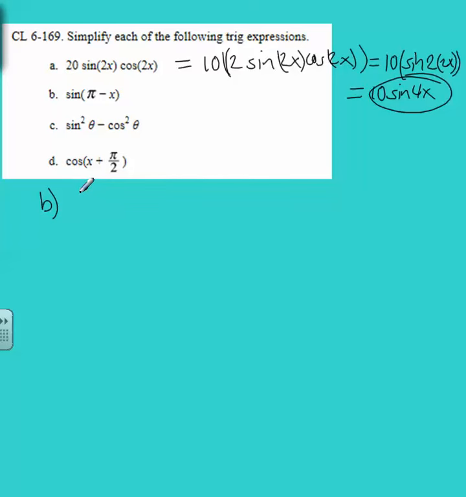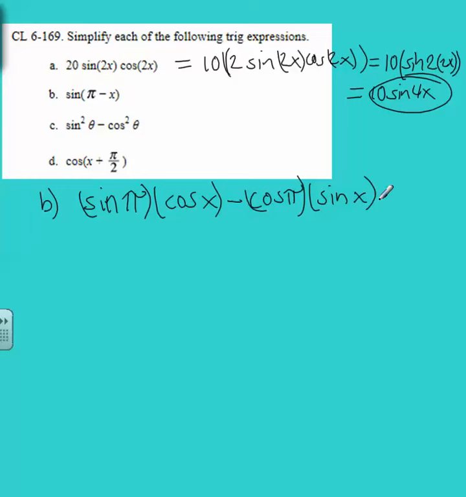Sine difference is going to be sine of the first angle, which is pi, times cosine of the second angle, x, minus cosine of the first angle times sine of the second angle, x.